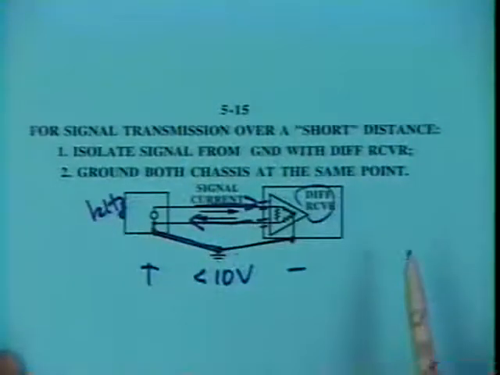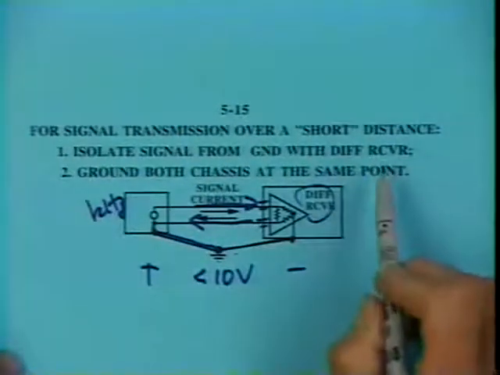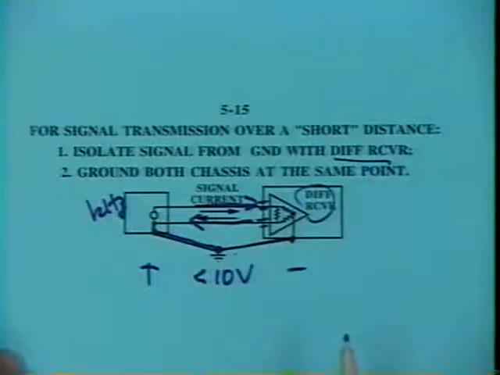So maybe with a combination of filtering for some of the high-frequency transients and then single-point grounding to avoid the low-frequency ground voltage difference, with those two combinations, we could make this system workable. So I think we would isolate the receiver wiring from ground using a differential receiver and then tie both chassis to a single point to help control the common mode ground voltage.